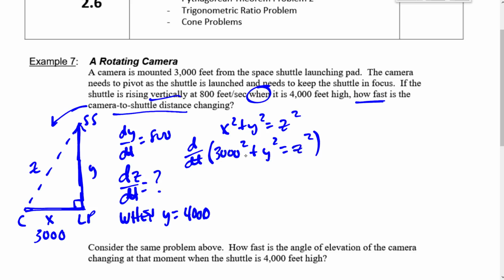So the derivative of 3,000 squared, we don't care what that is, but its derivative is 0 because it's a constant, plus 2y dy dt equals 2z dz dt. Okay, and the 2's are gone. You can keep them if you want to, but I'll get rid of them.